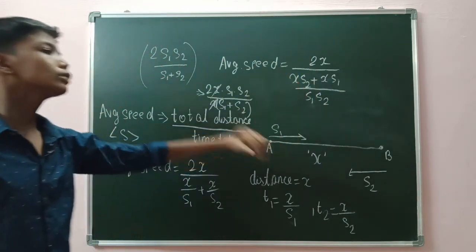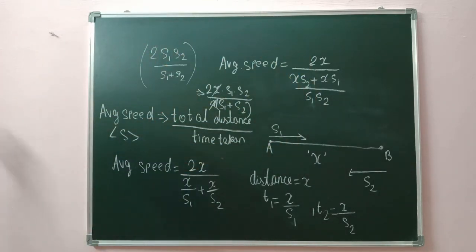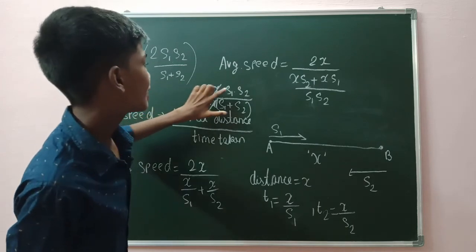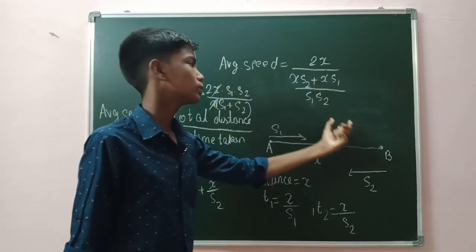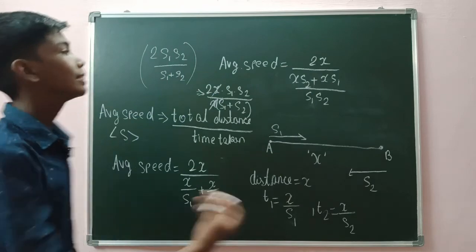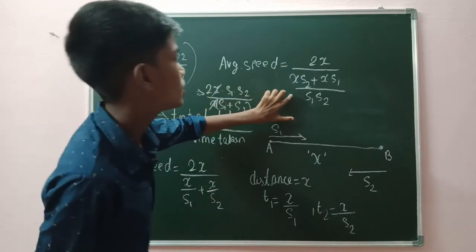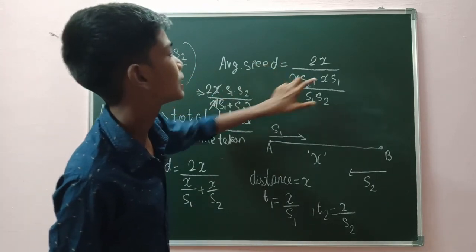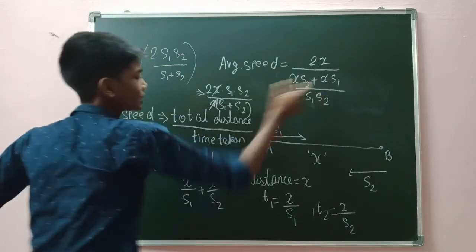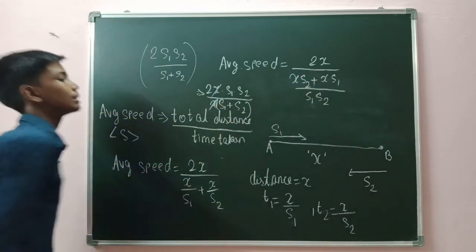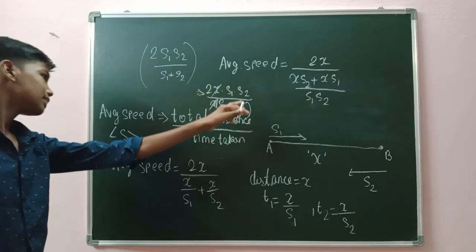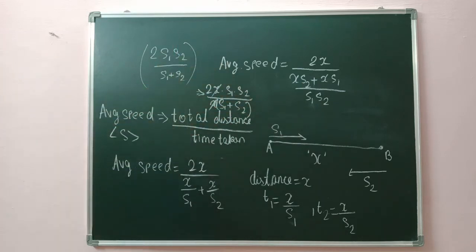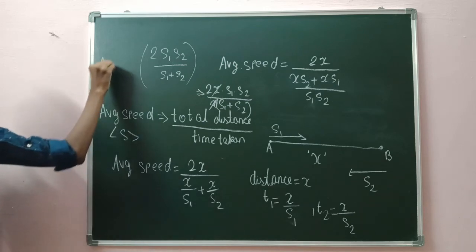As it is in division, just take the reciprocal of it. Then I get 2x into s1 into s2 by x into s2 plus x into s1. Take x common, then we get x into s1 plus s2. The x will cancel, and finally we get 2 into s1 into s2 by s1 plus s2, and that is how this particular average speed formula is derived.